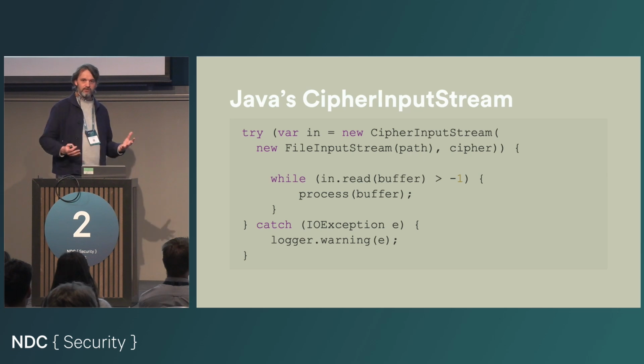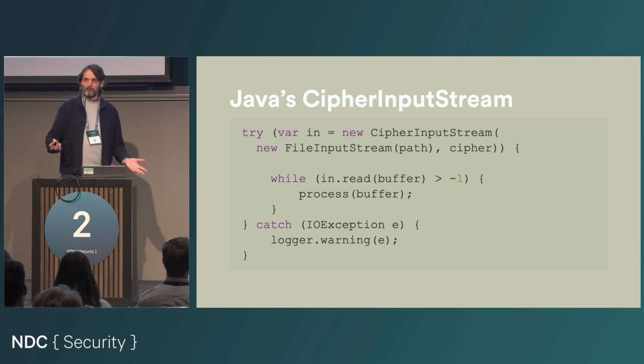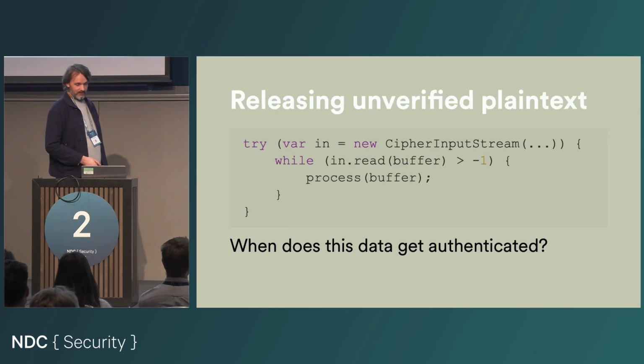So it gets to the end of the stream, tries to authenticate the data, goes, okay, that failed, so I'm going to throw this IO exception. And if you look in any Java code base anywhere at how people handle IO exceptions, almost without exception, they just log it and move on because nobody really knows how to handle IO exceptions. And so you've already processed all the data, and you find out that somebody's tampered with the data, but maybe you've got a log message that you can see after the fact.